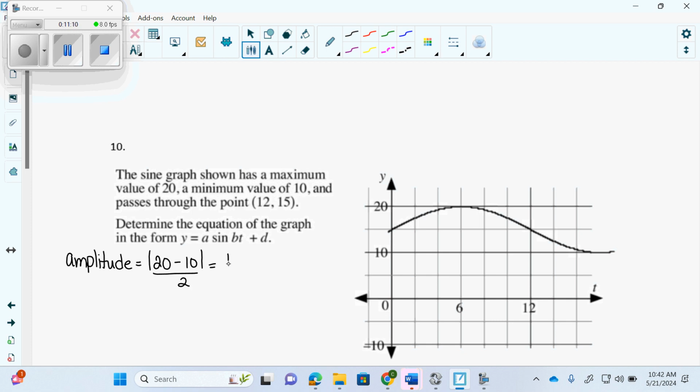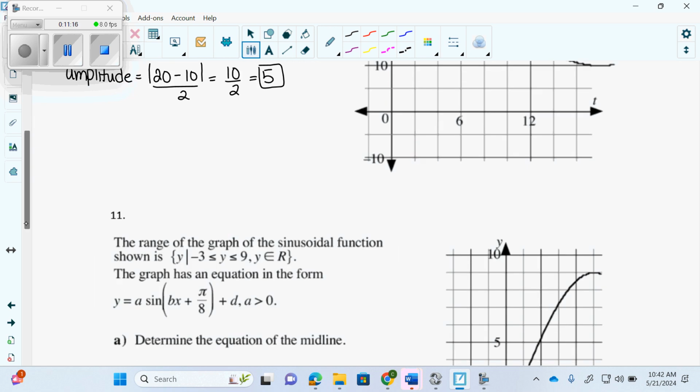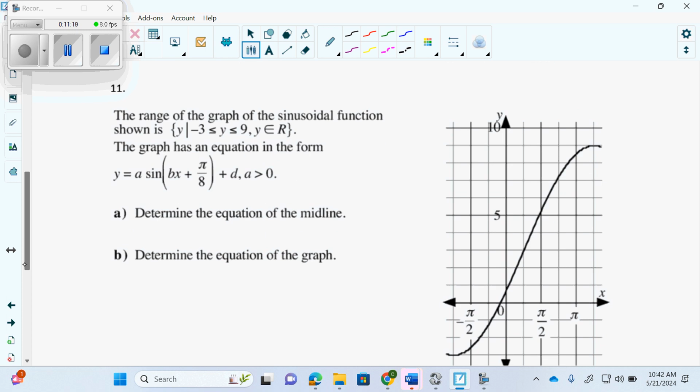So it's going to be 10 divided by 2, which is 5. Is there one more? Yep, 11. So for this one, the amplitude equals the maximum, which is 9, minus the minimum, which is negative 3, divided by 2, which is 12 divided by 2, which is 6.